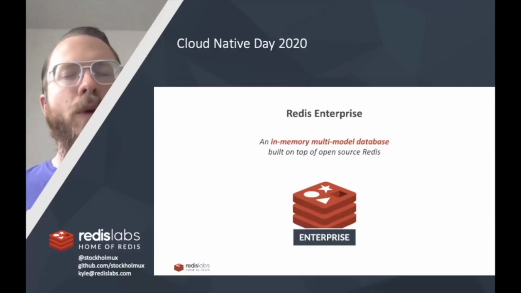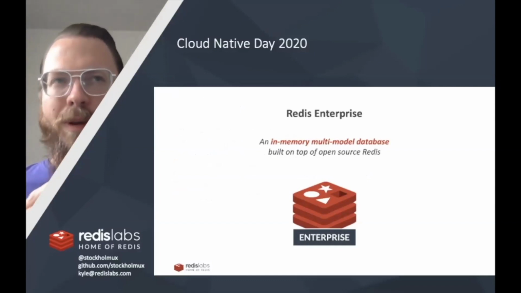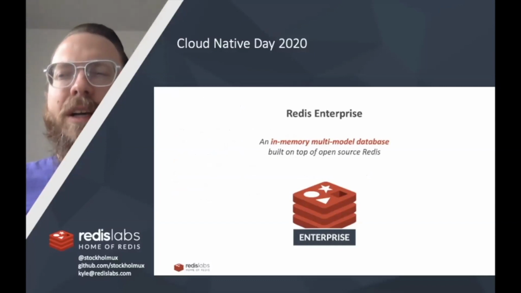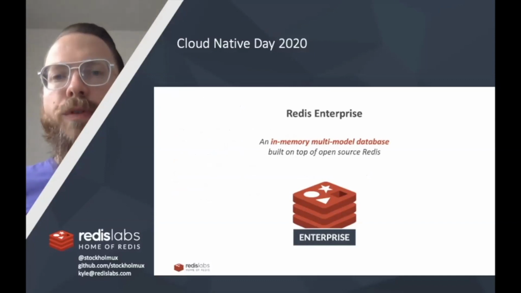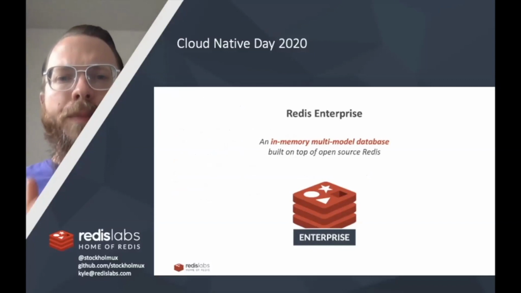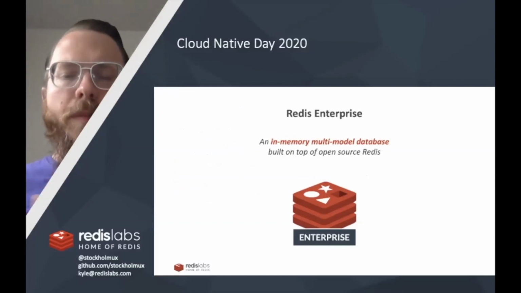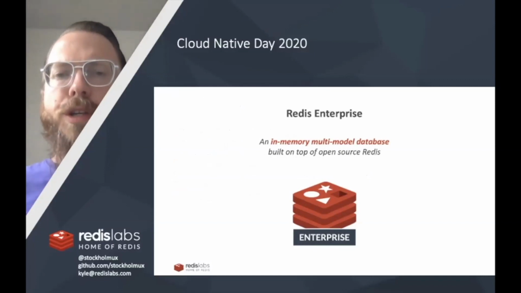Effectively, it takes the core of Redis and uses it as the atomic unit. When you're interacting with Redis Enterprise, you're effectively interacting with open source Redis as well, and it's 100% compatible as far as developing applications.